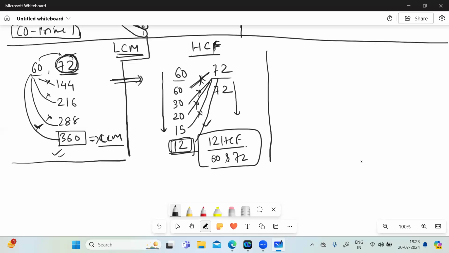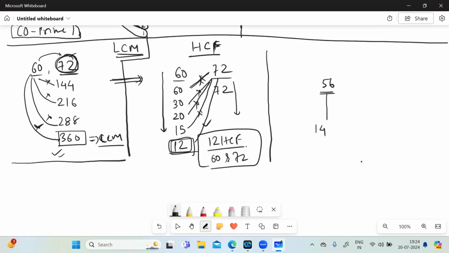Let's say I'm taking a number 72. Or not, let's not take 72. I don't want to get you confused. Let's say I have a number 56, and 56 gets divided by 14.